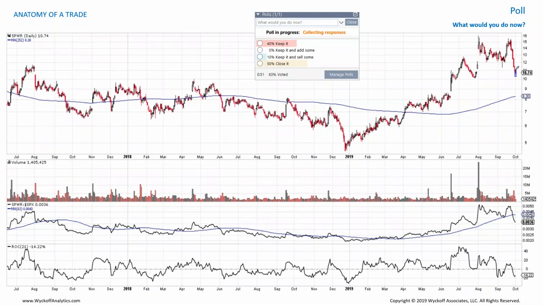This is the range for today, also a down day. All right, so what are we saying? Okay, 40% keep it, 50% close it, 10% keep it and sell some. So I would say that probably this is 50-50 in both cases here to keep. Still the majority is saying to close it.